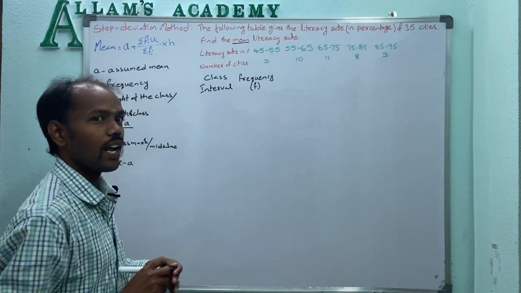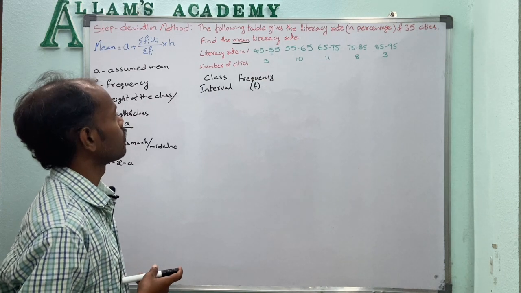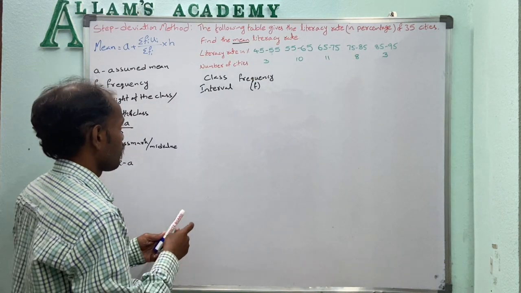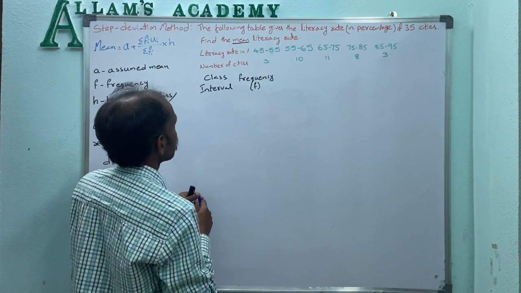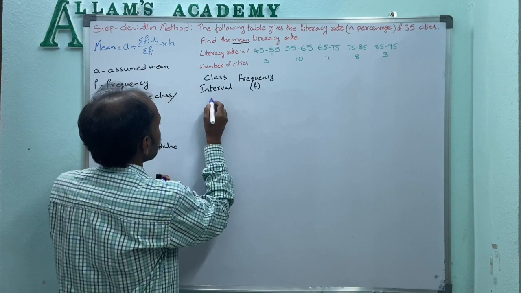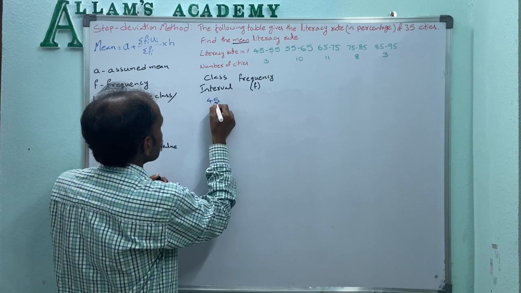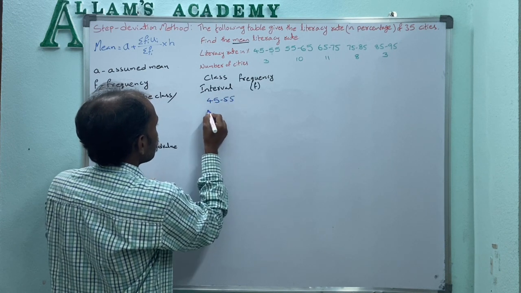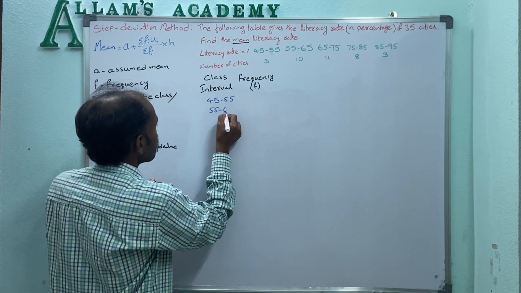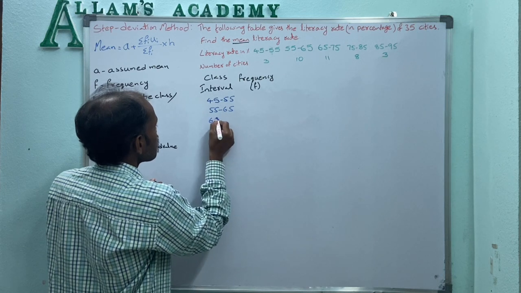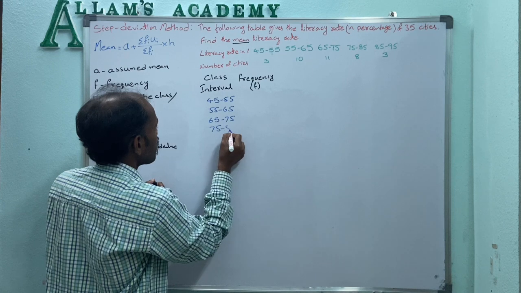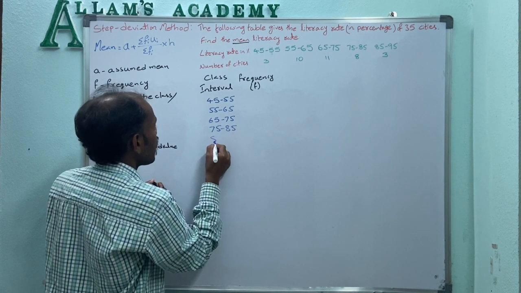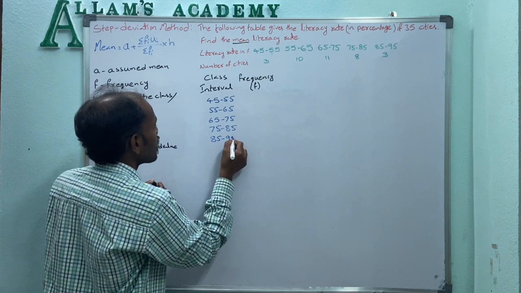Now the given values: 45 to 55, 55 to 65, 65 to 75, 75 to 85 and 85 to 95.